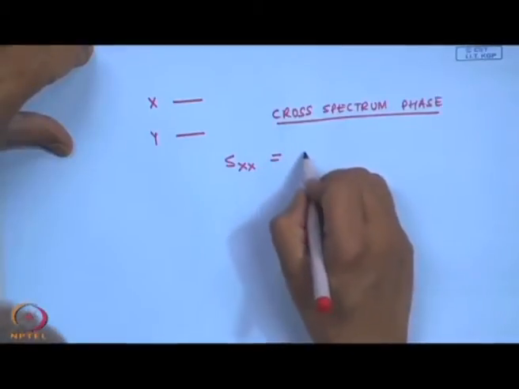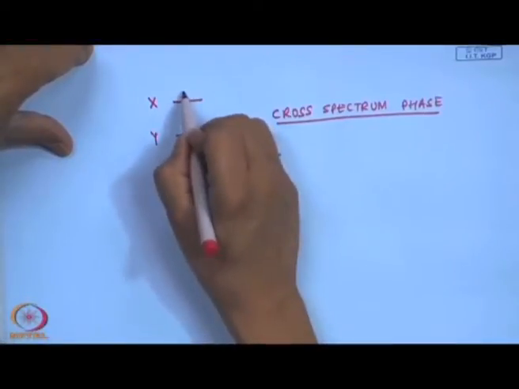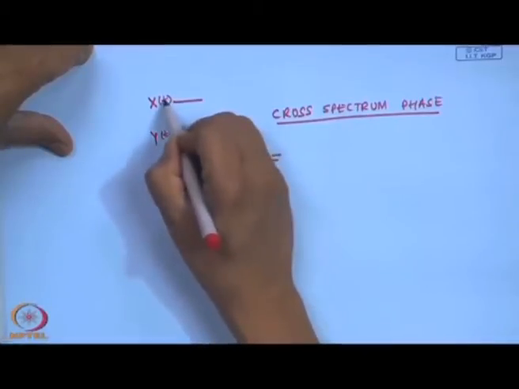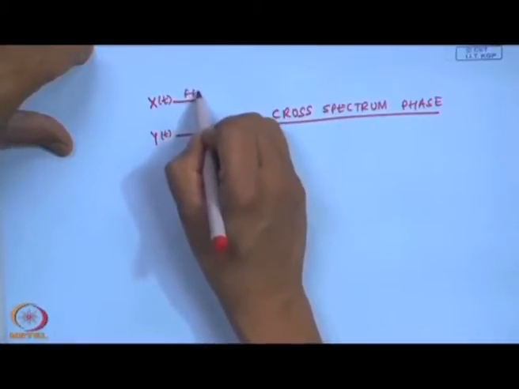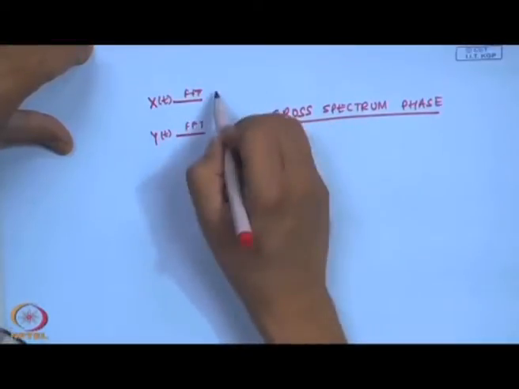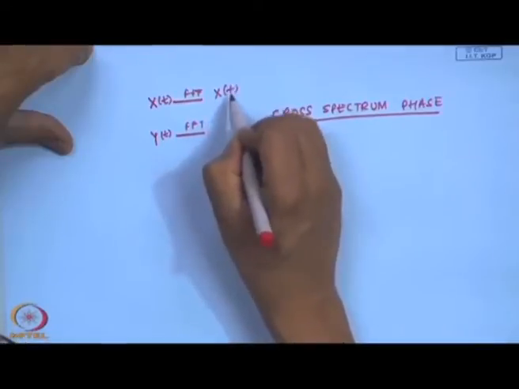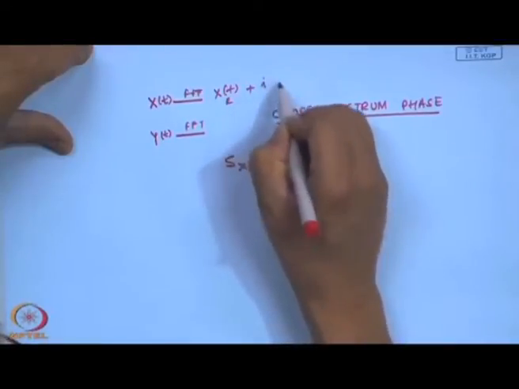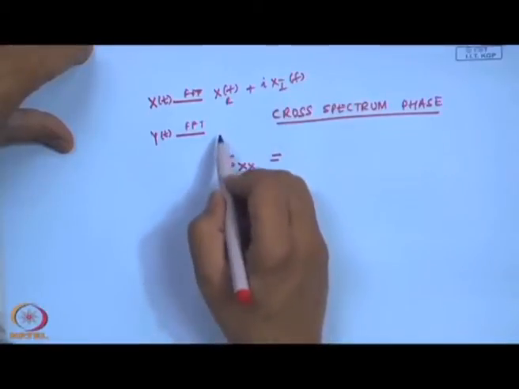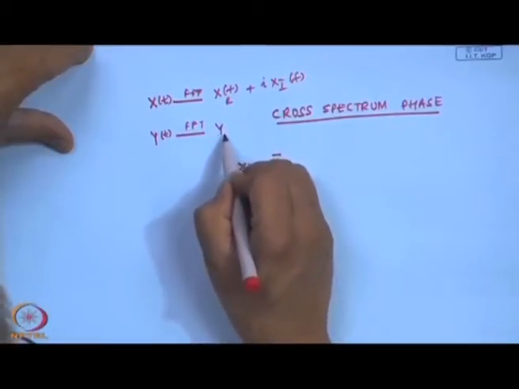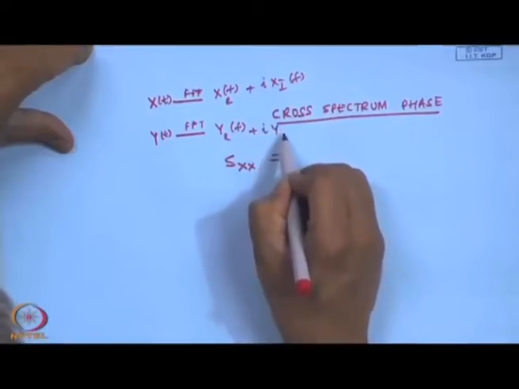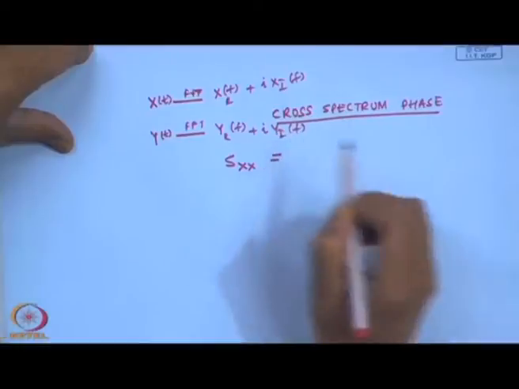which is nothing but, if I do an FFT of the signal x(t), I will get a signal in the frequency domain which will have a real and imaginary part, and similarly I will have y real in the frequency domain plus imaginary part of y in the frequency domain.